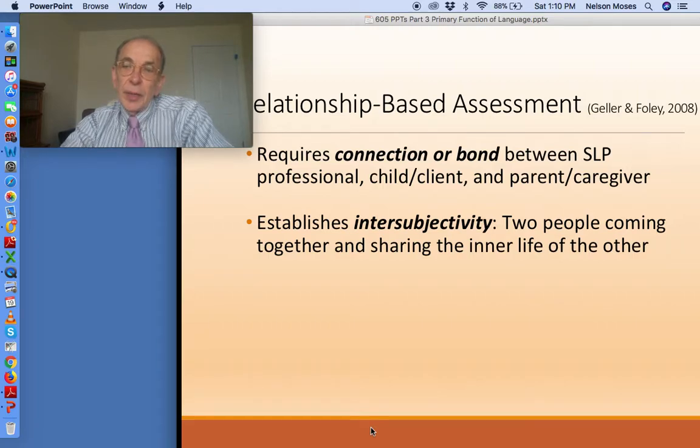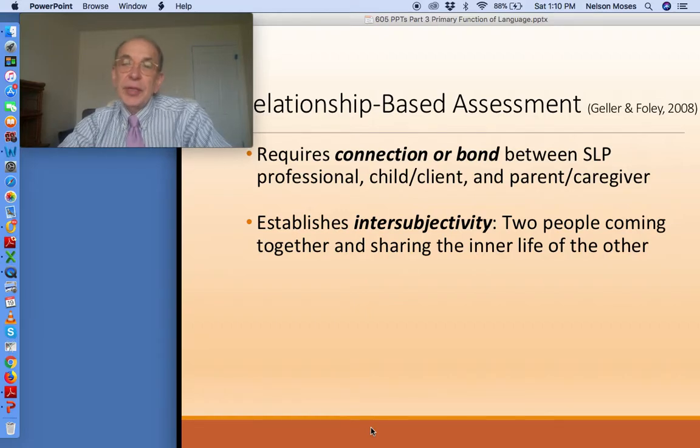And what establishes intersubjectivity are two people coming together and sharing the inner life of the other. The inner life, that is really what the other person is attempting to accomplish, what the other person is feeling, and their point of view.